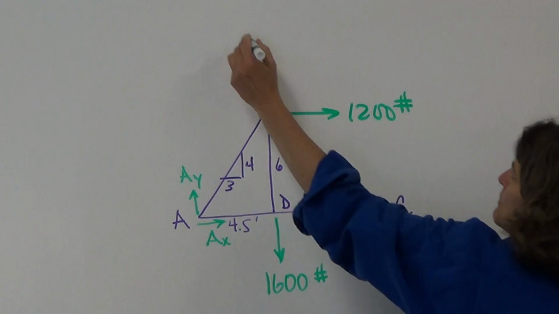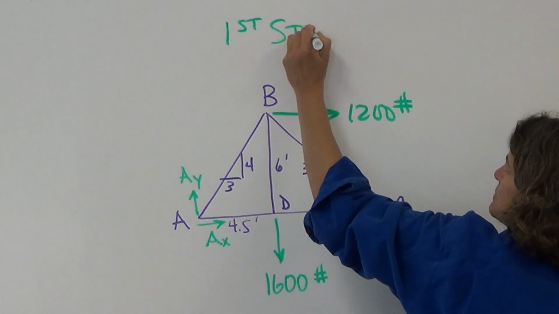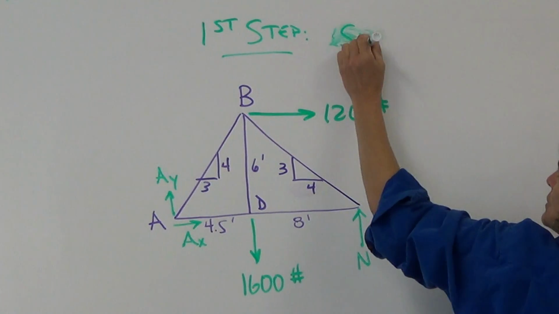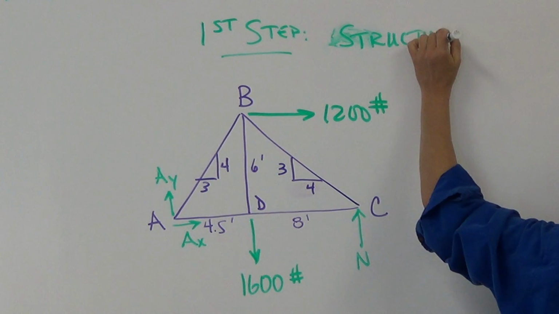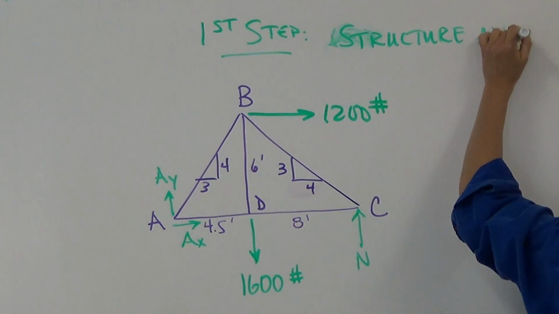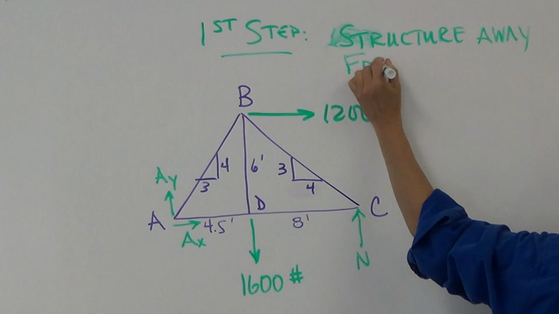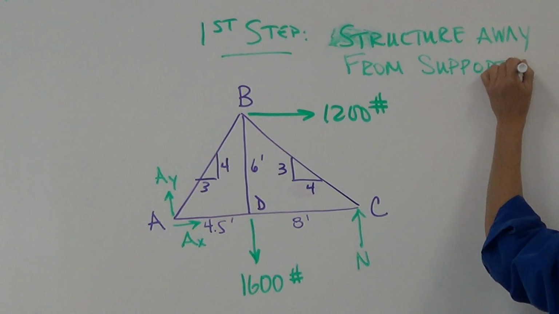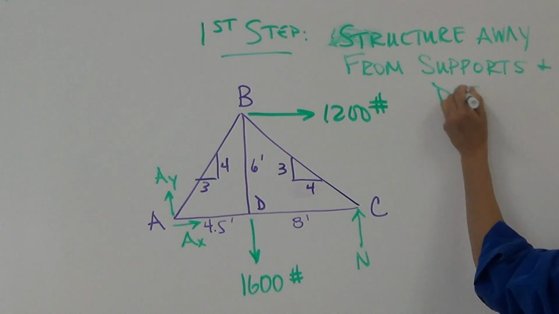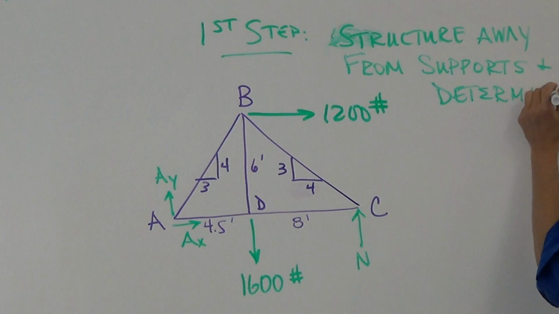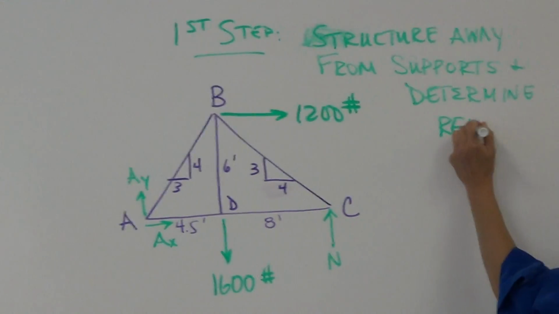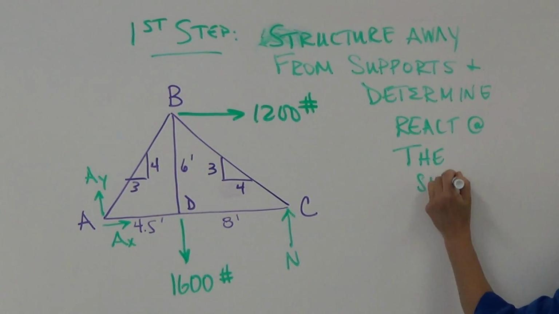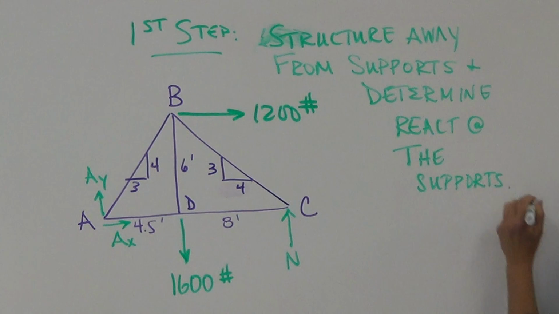So the first step: take the structure away from its main supports and determine the reactions at the supports. So our goal right now is to find the reactions at supports A and C.